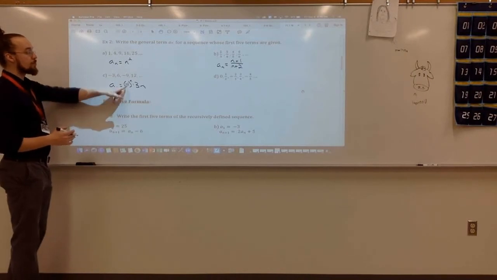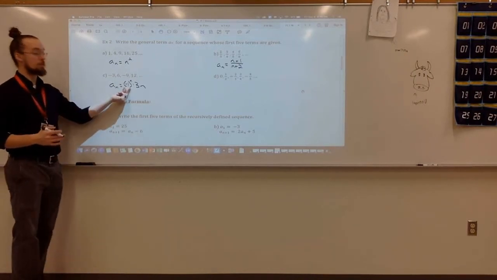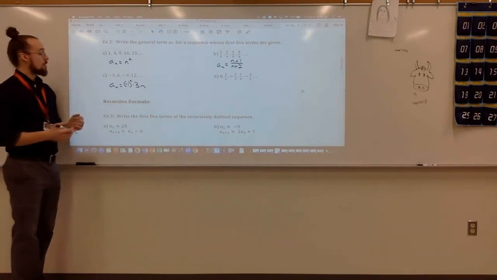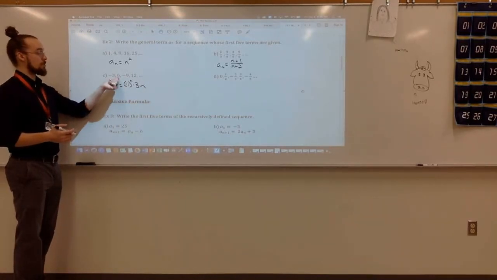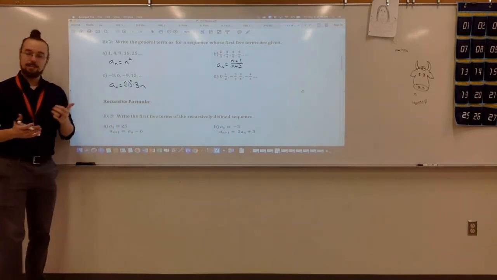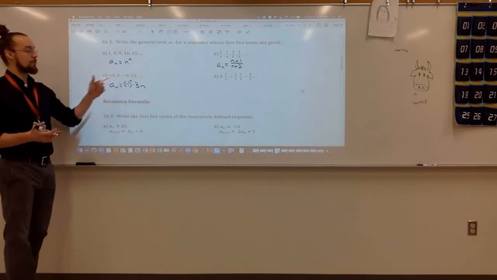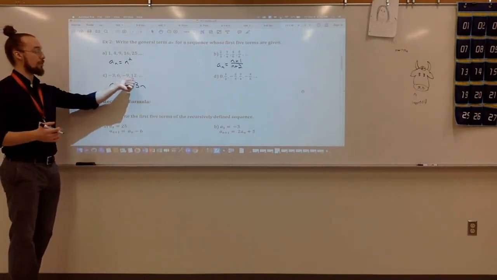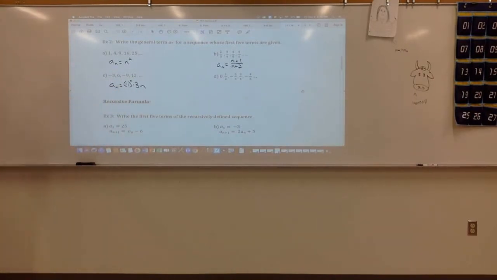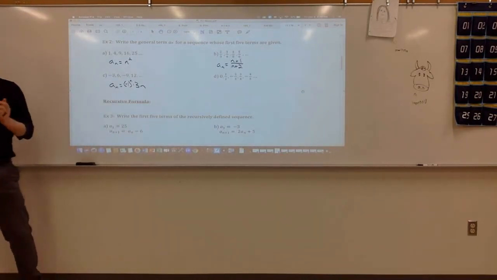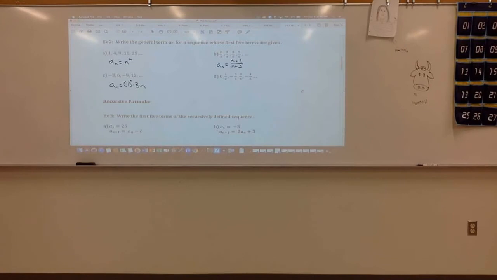So negative 1 to the first power is negative 1, so that would be negative 1 times 3 times 1. If I want this to be positive, then negative 1 to the second power is positive 1 times 3 times 2, which would be positive 6. Negative 1 to the third would be negative 1 times 3 times 3, which is negative 9. Okay, so whenever we want alternating signs, we're going to need a negative 1 to a power.